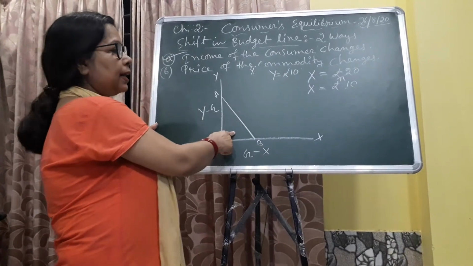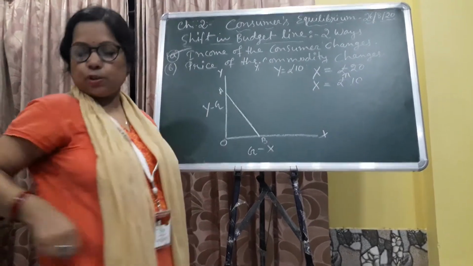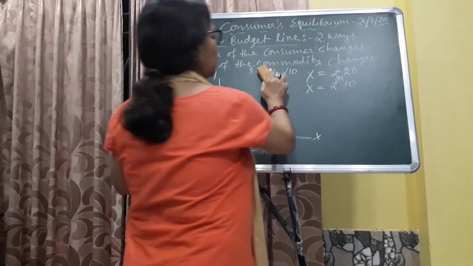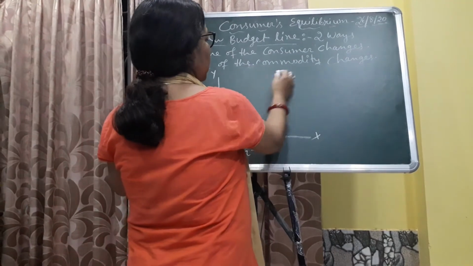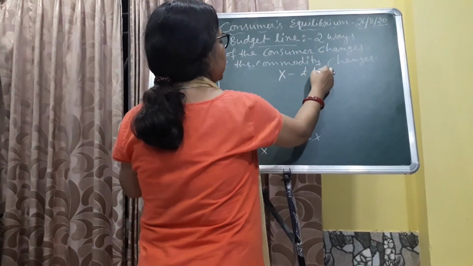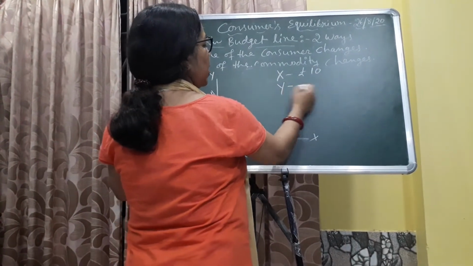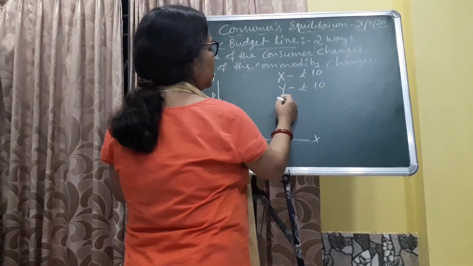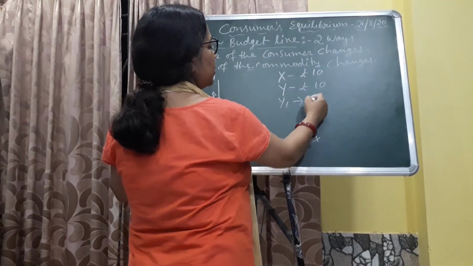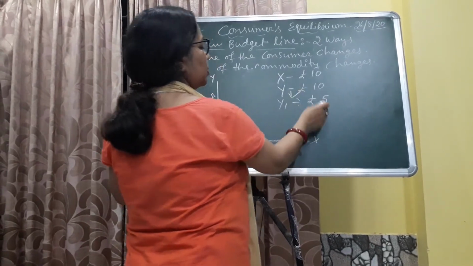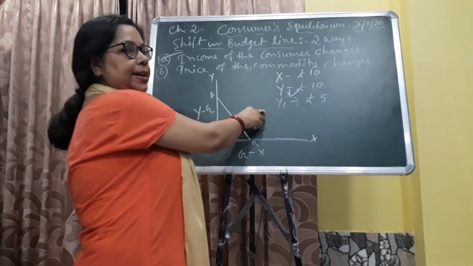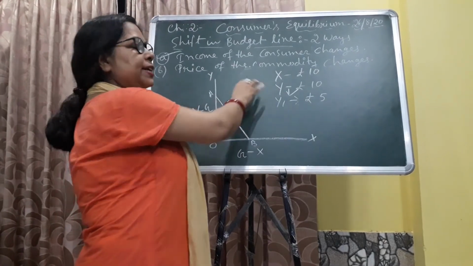This is the budget line. Now here we assume that the price of X is 10 rupees and the price of Y is 10 rupees. Now the price of Y decreases to 5 rupees. The price of Y decreases but the price of X is constant.